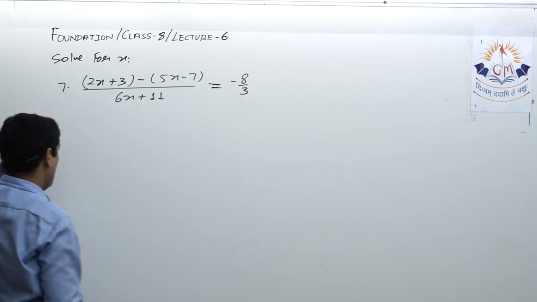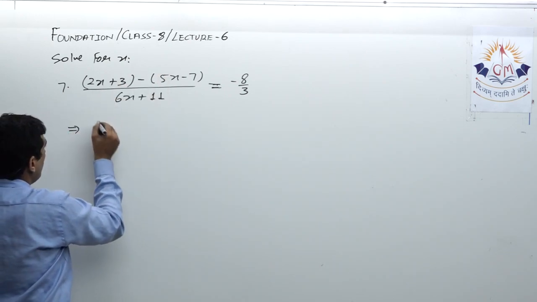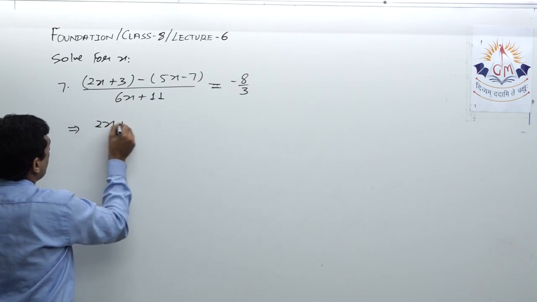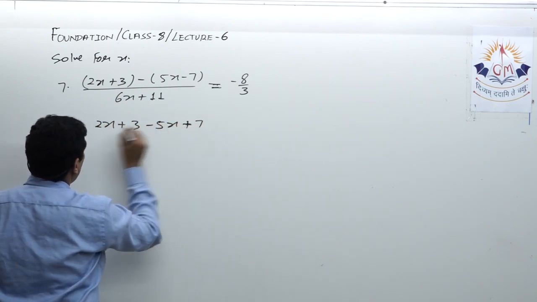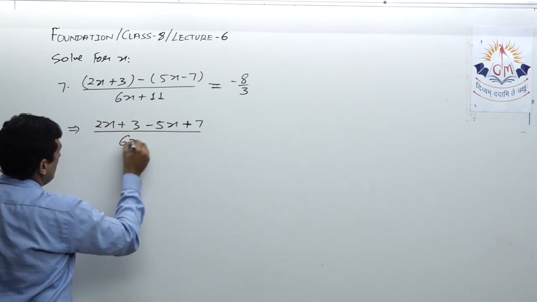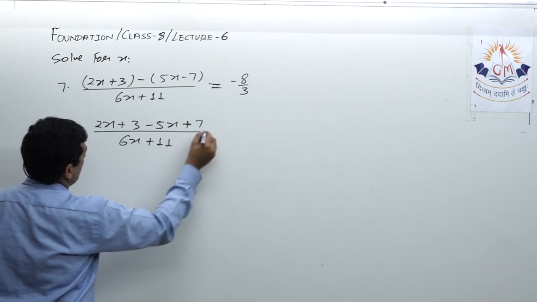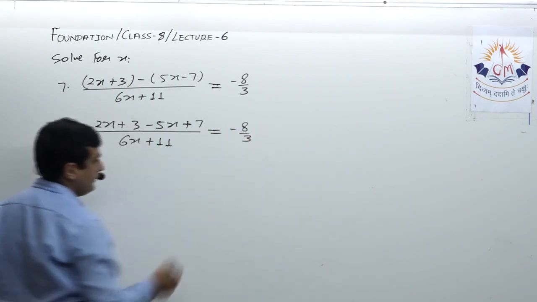So first of all I can simplify the numerator and then do cross multiplication. So 2x plus 3 minus 5x plus 7, and when I open the bracket I have to change the sign, divided by 6x plus 11 is equal to minus 8 upon 3.